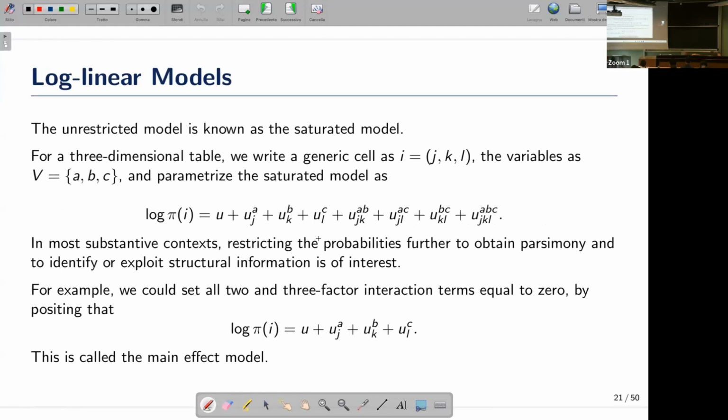So now we have this pi I. What pi I is representing is the joint probability of a combination, right?